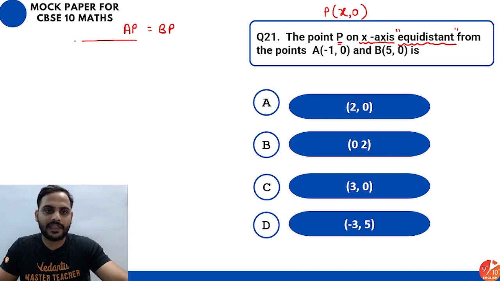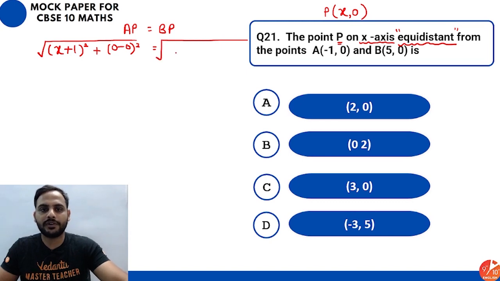So the distance AP will be the square root of (x minus of minus 1, which is x plus 1) whole square plus (0 minus 0) whole square, which is equal to the distance BP, the square root of (x minus 5) whole square plus (0 minus 0) whole square. 0 minus 0 is 0 only. If I square both sides, it will be quick.